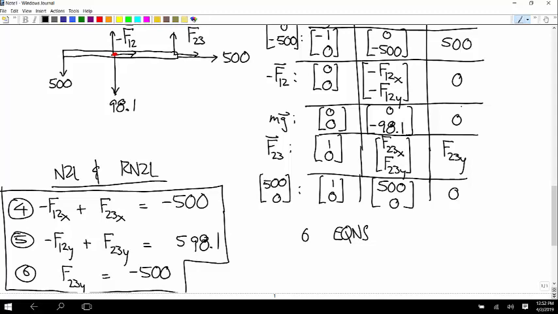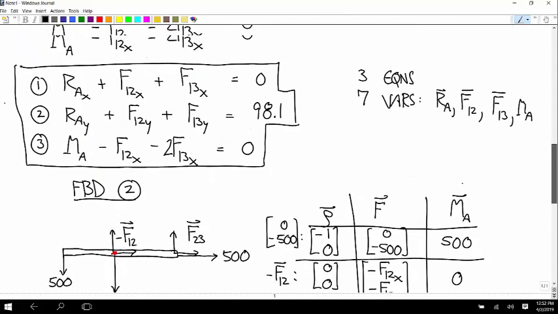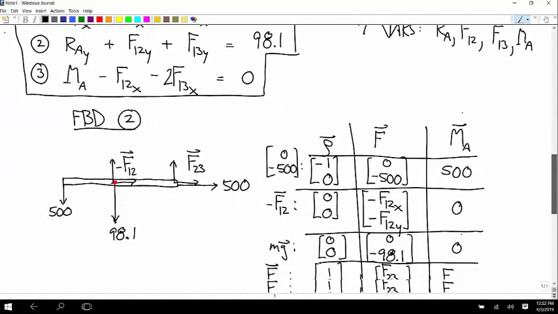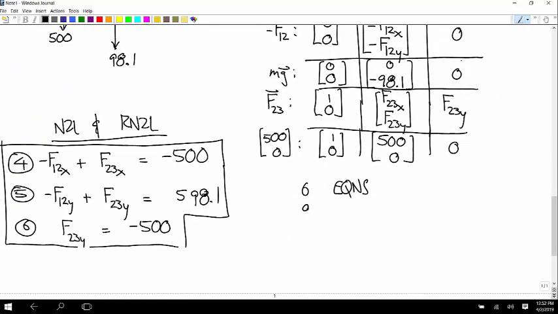What did we introduce that's new? The only things we introduced that are new are F23, X and Y. We had 7 variables before, so now we have 9. Those are F12, F13, RA, F23, and MA. 2, 4, 6, 8, 9.